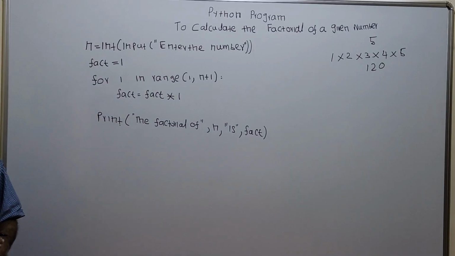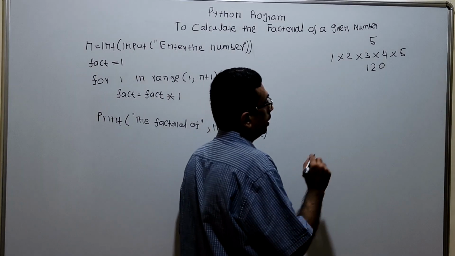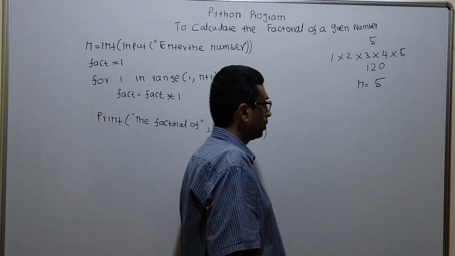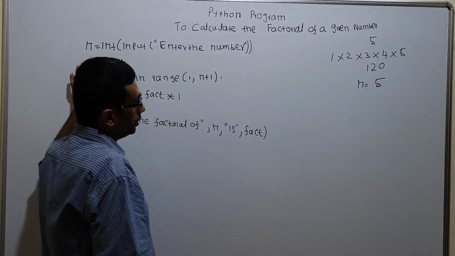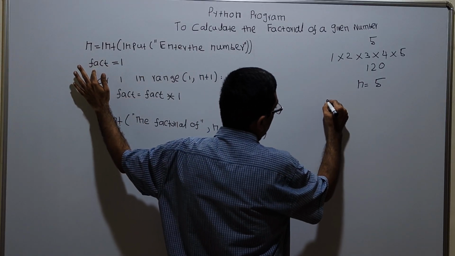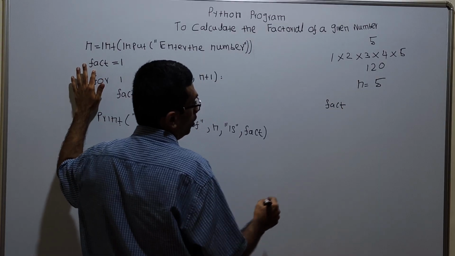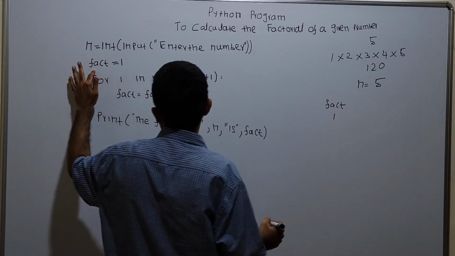Now we will take a sample input and check how this program works. Now my n is 5. The value of fact is 1.